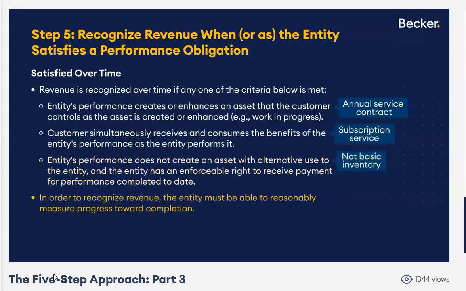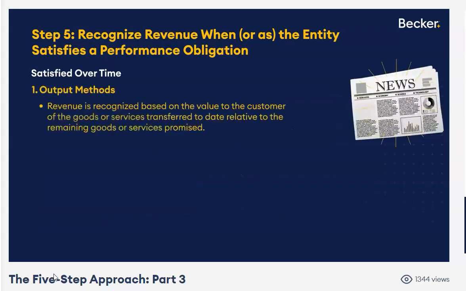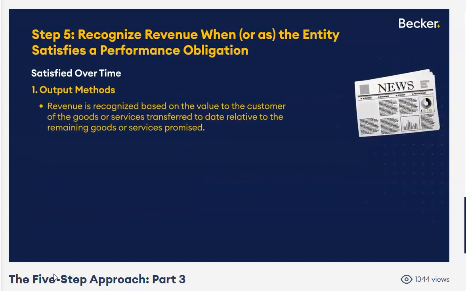Now, you'll notice you must be able to reasonably measure the progress if it's going to be over time. So it could be on an outputs or an inputs method, either one. Now, you'll notice outputs, think of a subscription service like a newspaper or a website. And every day you can look at your smartphone and you can get the information immediately. That would be outputs.